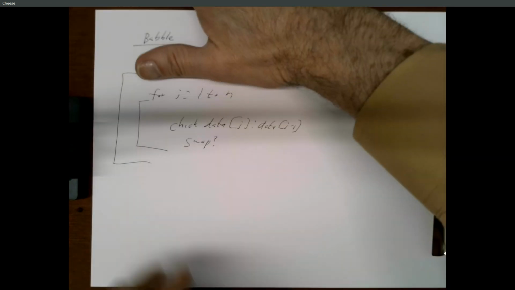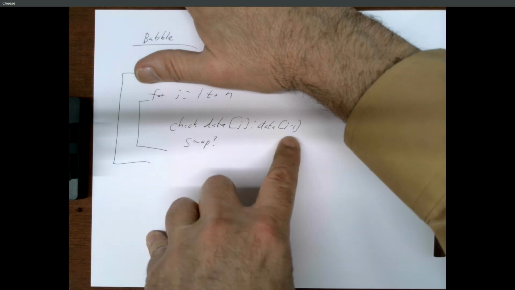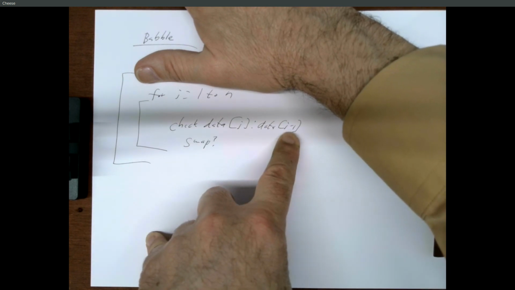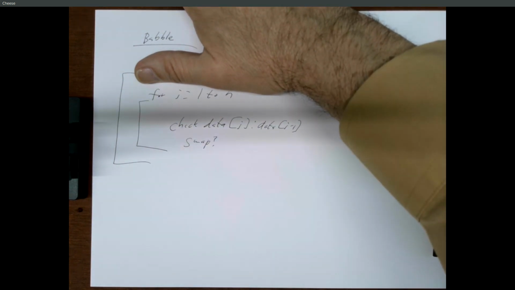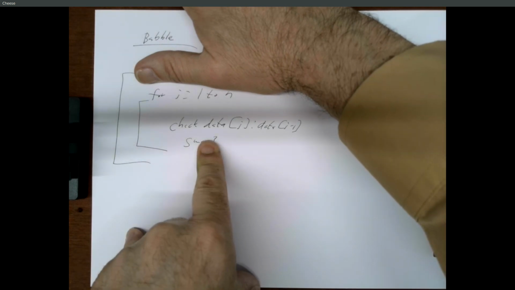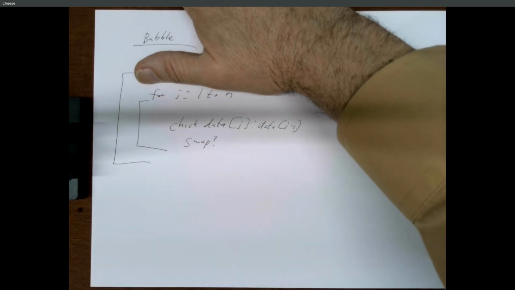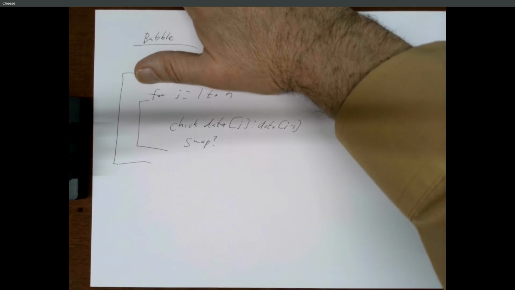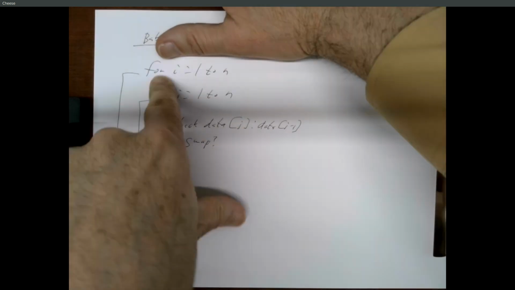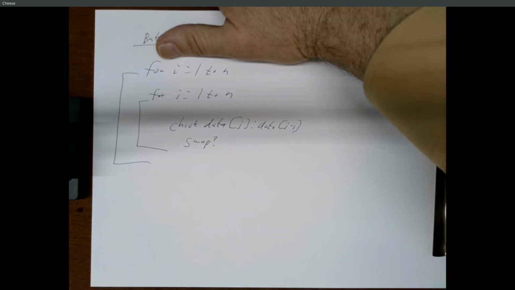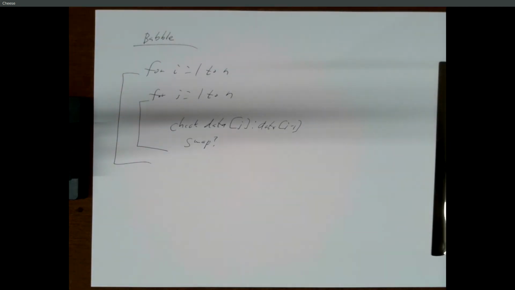We make one pass through our data, and we compare each piece of data to the piece of data after it, or before it, and we check to see if they're out of order, and if they are, we swap them. After one pass through our data, our largest piece of data is in the bottom position of the array. And we make a total of n passes through our array, and each pass, another piece of data goes into the correct location, and so that ends up putting the whole array in order.